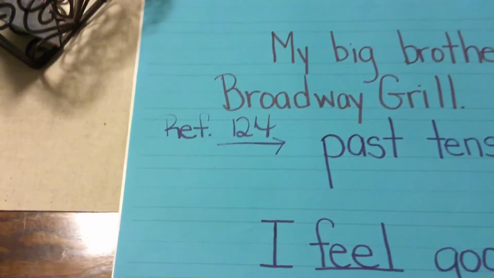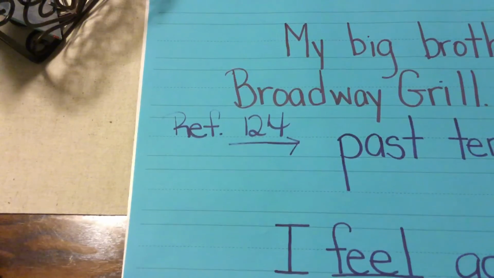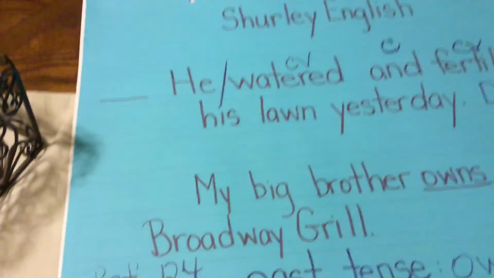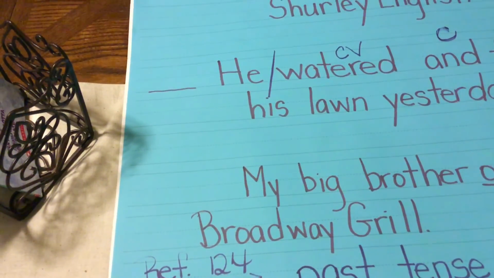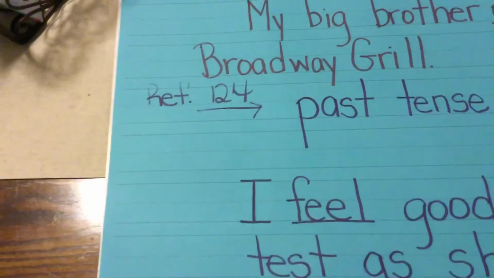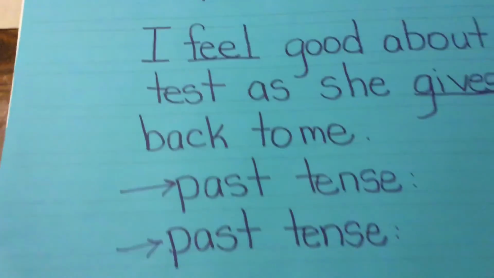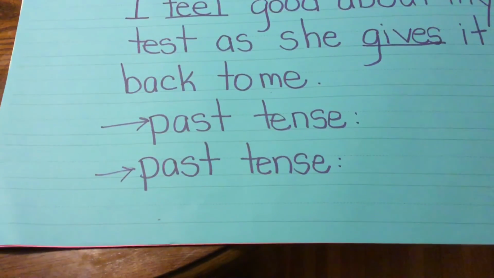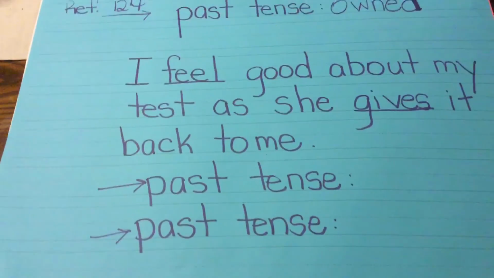Now, if you are having a concern, reference 124 in chapter 7 will help you with that. Okay? So, he, please do not put subject noun. I'm going to go right back to you. And then, reference 124, if you need help, you're changing your present tense, feel and gives, to past tense. All right. MobyMax.